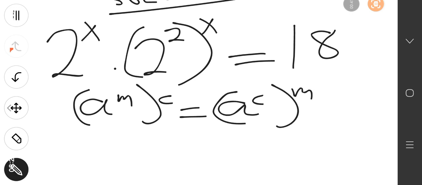So this is the formula, and we are going to apply it here.